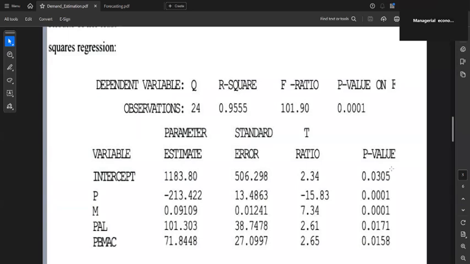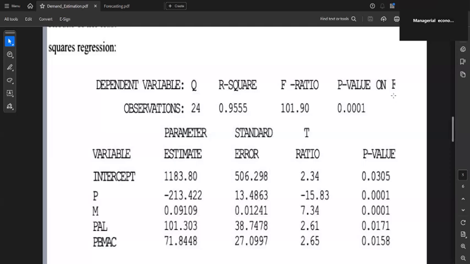So R squared closer to 1 means the goodness of fit is good, that means the error term is reduced. That means 95% of the variation in quantity demanded can be explained by the variation in the factors we have considered for the estimation.